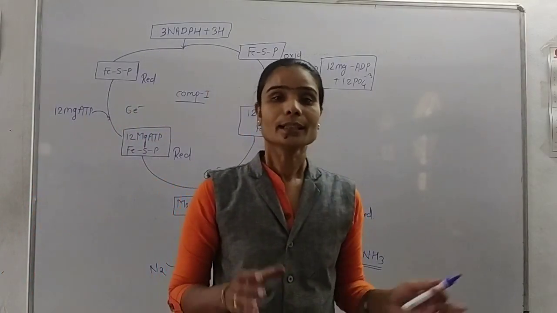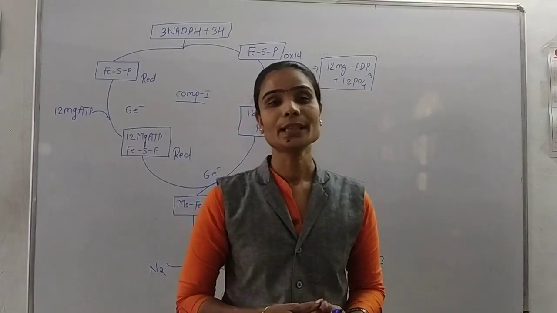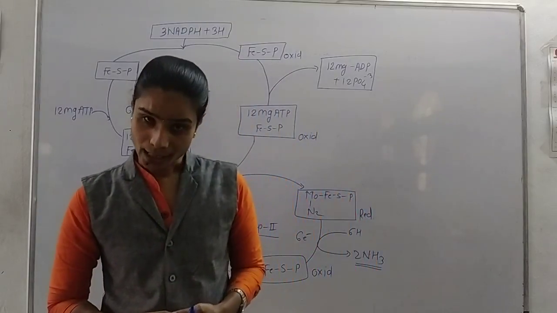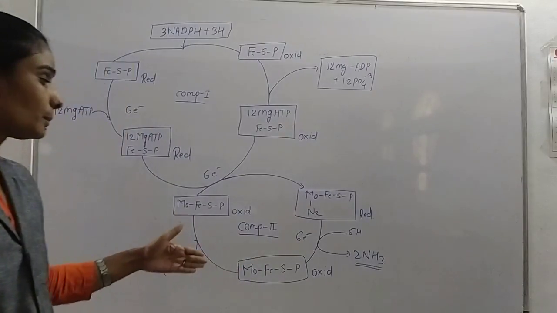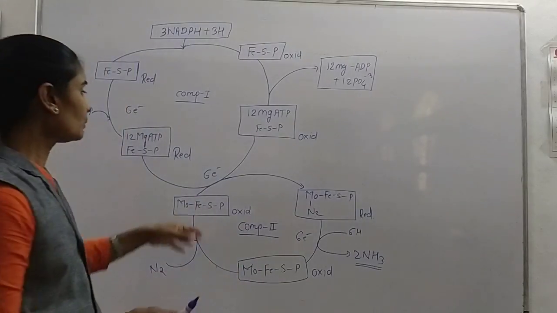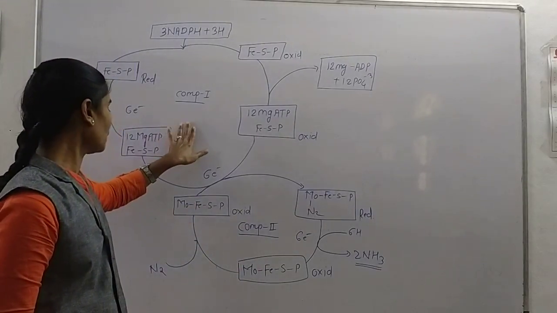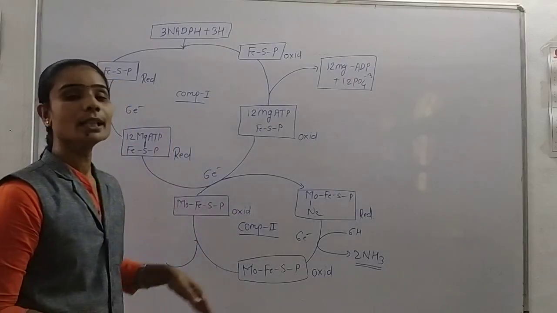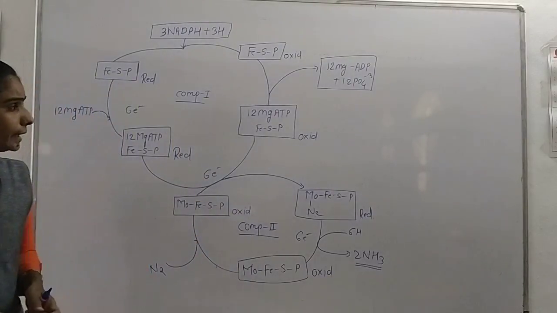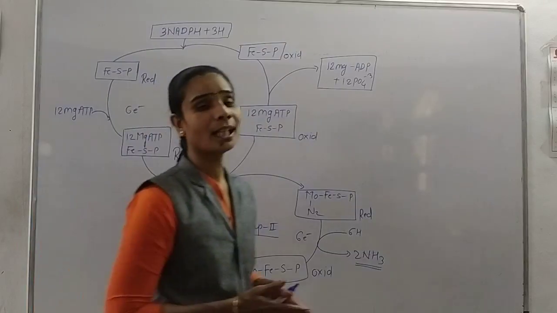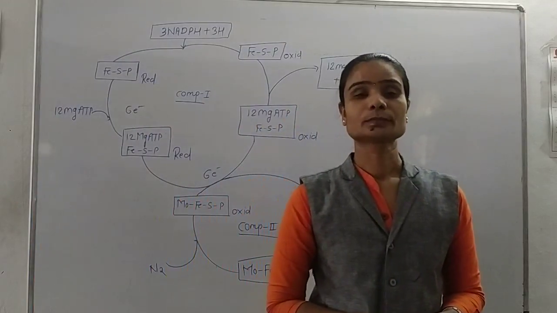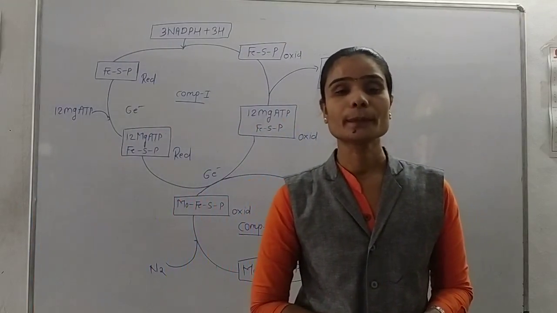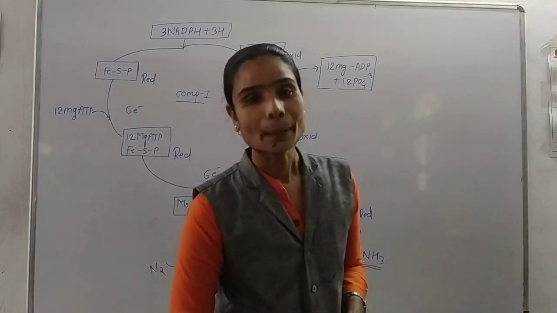In this way the atmospheric nitrogen which is mixed into the soil is converted into the useful product, that is ammonia, by using the nitrogenase enzyme called component 1 and component 2. Okay, so these are the best methods for converting atmospheric nitrogen into ammonia.